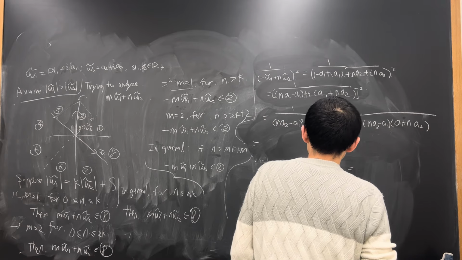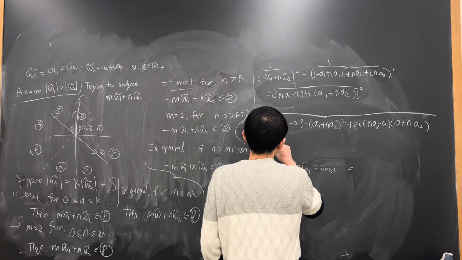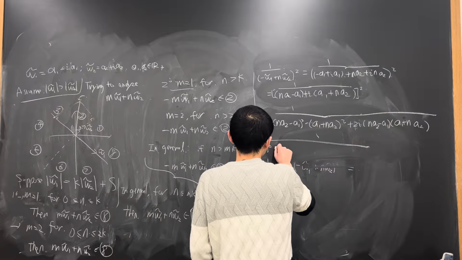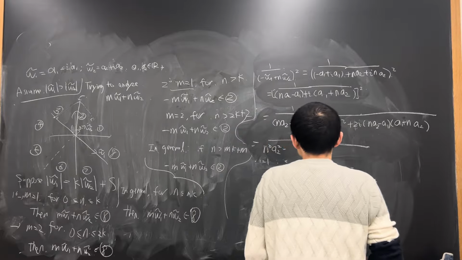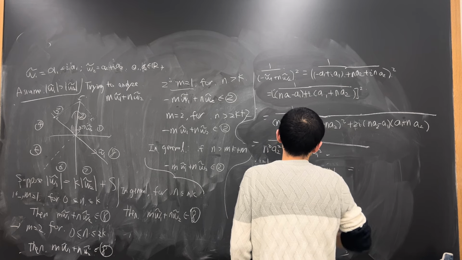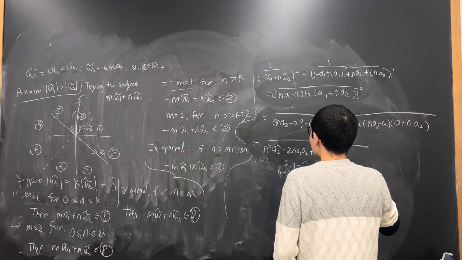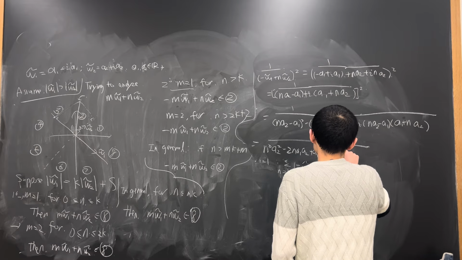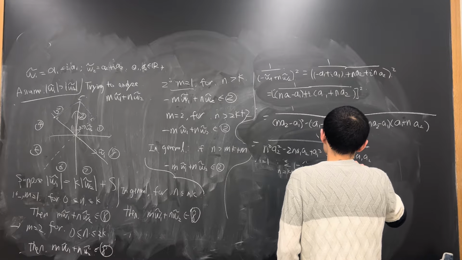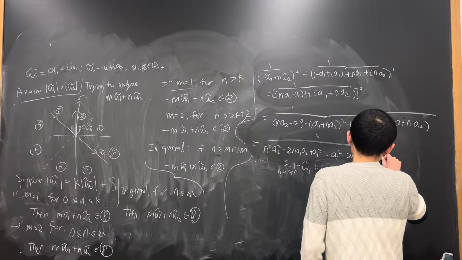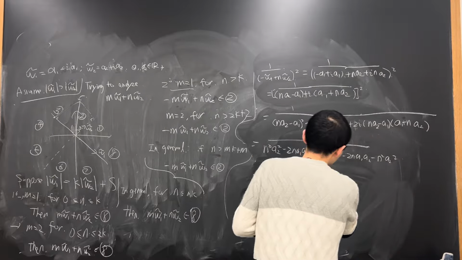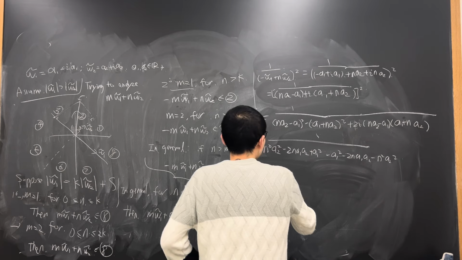Here we have n squared A2 squared minus 2n A1 A2 plus A1 squared, minus A1 squared, minus 2n A1 A2, minus n squared A2 squared. Okay.